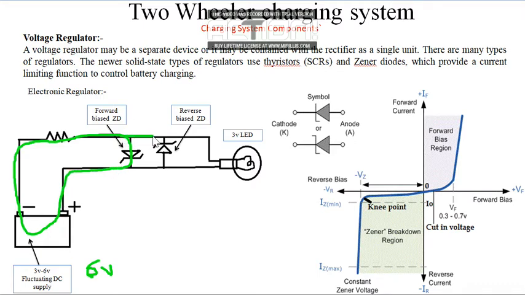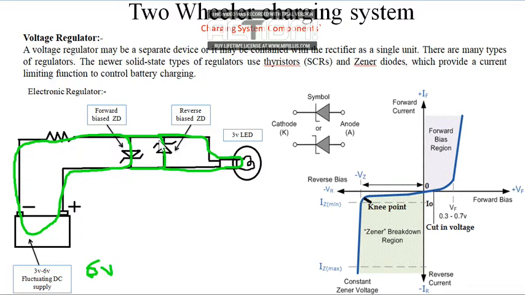Our reverse bias diode has a Zener voltage of 3 volt and the supplied voltage is more than that, so definitely it also conducts in reverse bias. And current also flows through the LED. Supplied is 6 volt, the rated voltage of the LED is 3 volt, yet our LED won't burst. Why? The reason is the reverse bias conduction of the Zener diode.